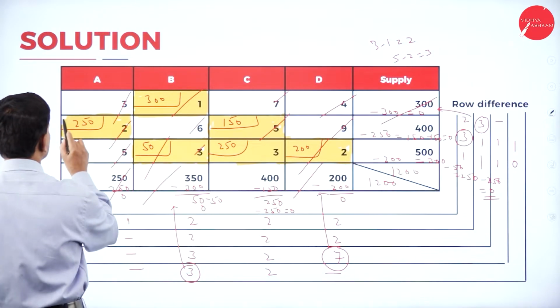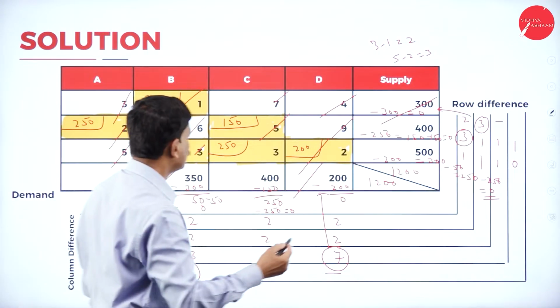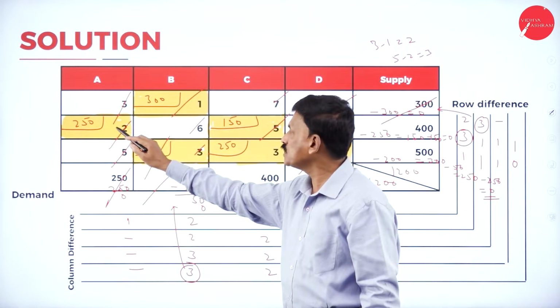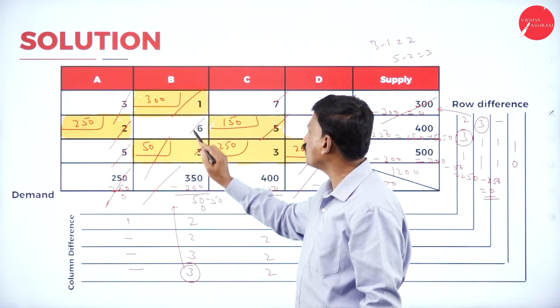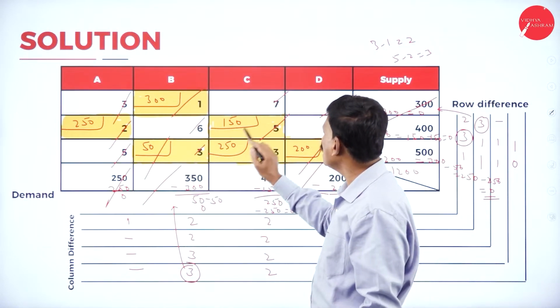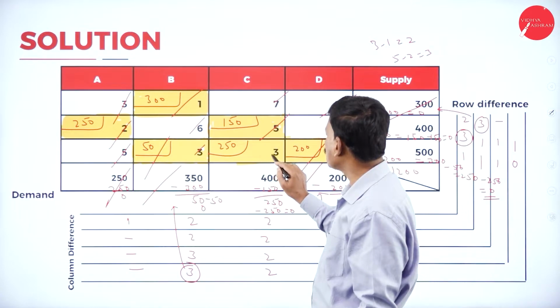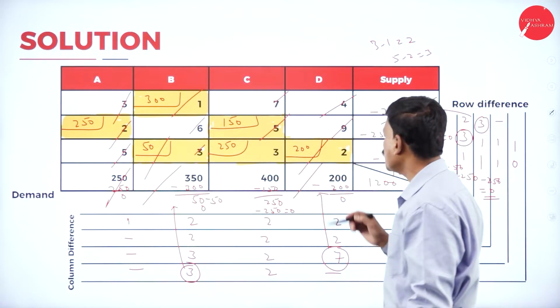So just multiply it. Now you can find out the total cost of the transportation is 250 into 2 plus 300 into 1 plus 50 into 3 plus 150 into 5 plus 250 into 3 plus 200 into 2.